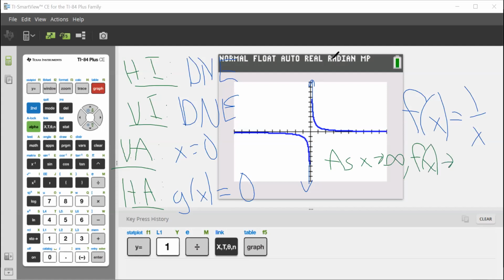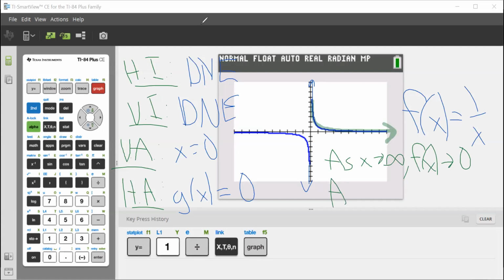And in the past, when we've done this, the answer has been something like positive or negative infinity. But notice if we trace the graph here, right, and follow it along as it goes out to the right, notice that the output values are getting closer and closer to that horizontal asymptote value. So we see that in this case, f of x is going towards 0.